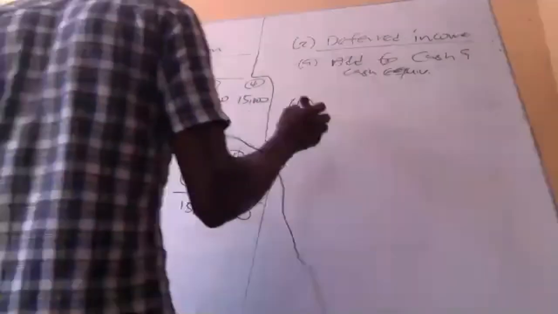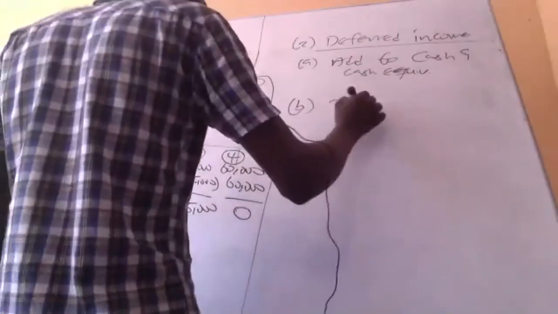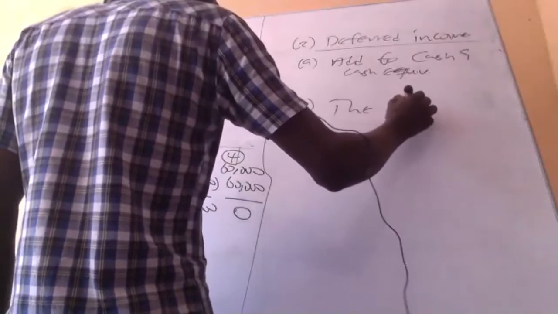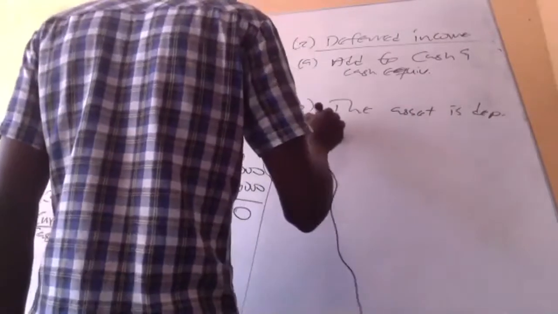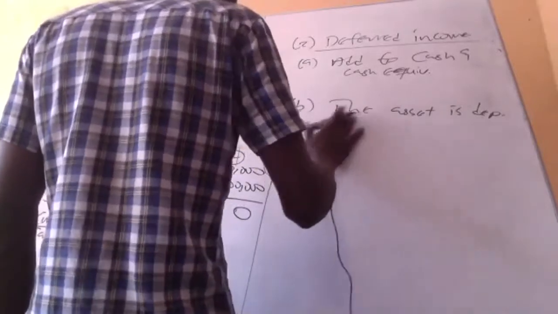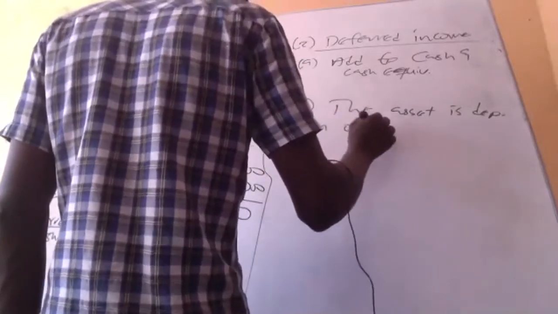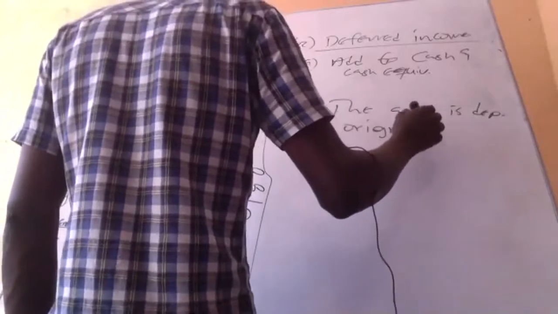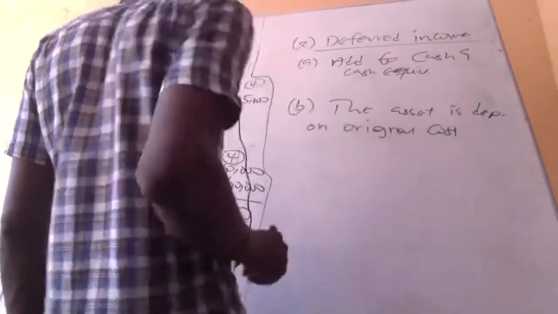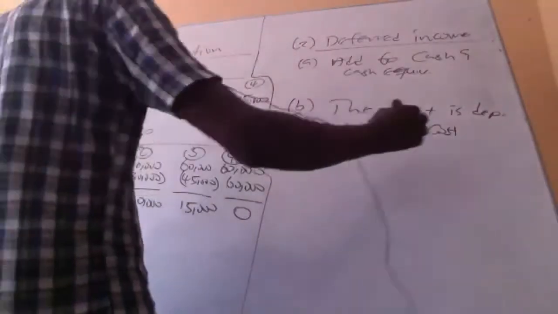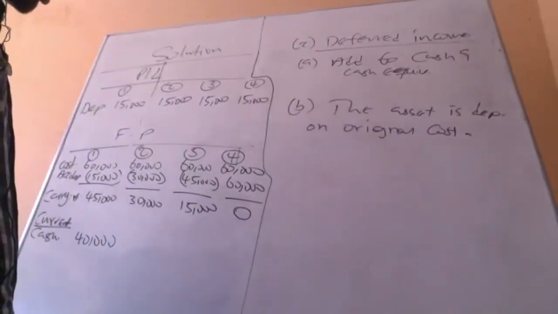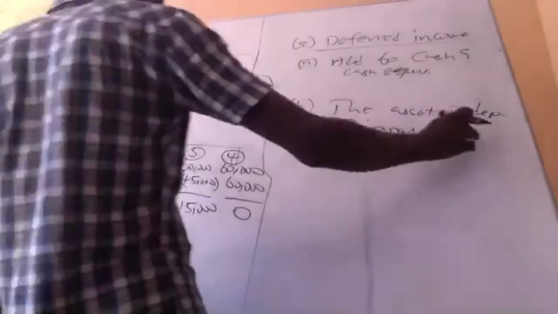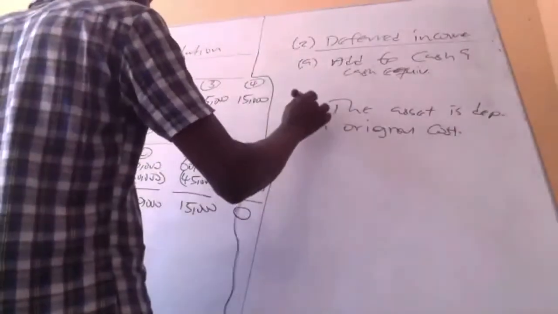Now B. The asset is depreciated on the full amount. The asset is depreciated on what? The full amount or the original cost. Original cost, or the full amount. Good. It means that the grant is not subtracted. We don't subtract the grant over here. That's the first.